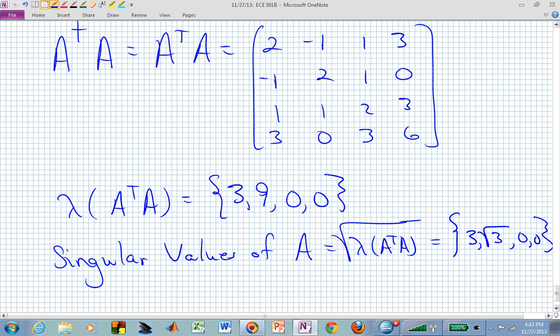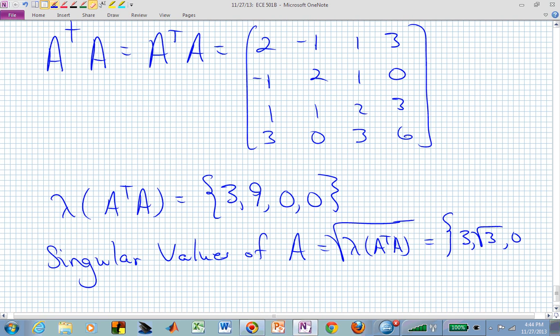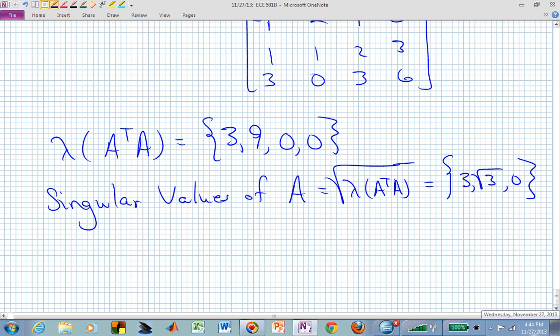Really, I should say we only have one of those zeros in this case. It depends on how you expand it, but the most you can have is the smallest dimension of your matrix A, and that was 3. It was 3 by 4.